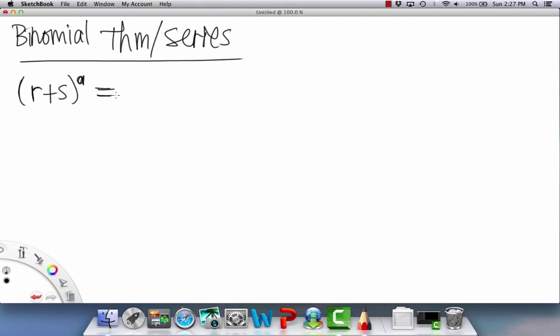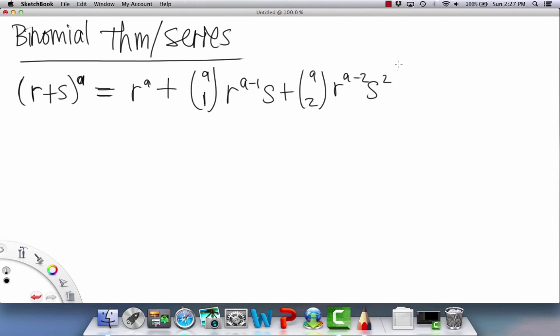So this is going to expand to r to the a plus, and now here we have our binomial coefficient, which we just learned how to calculate. So a choose 1, times r to the a minus 1 times s, plus a choose 2, then r to the a minus 2 times s squared, and we just keep going.